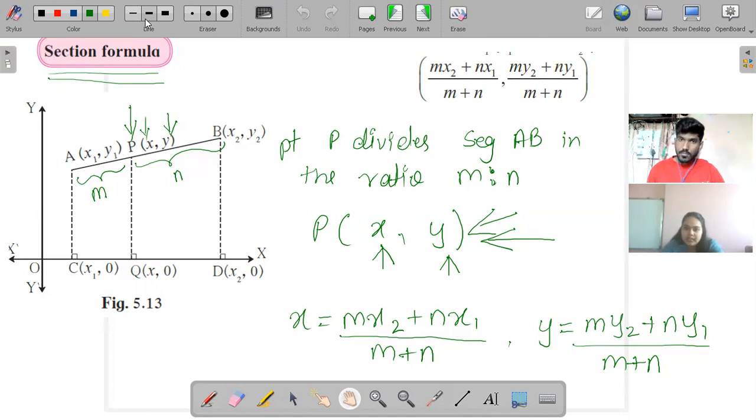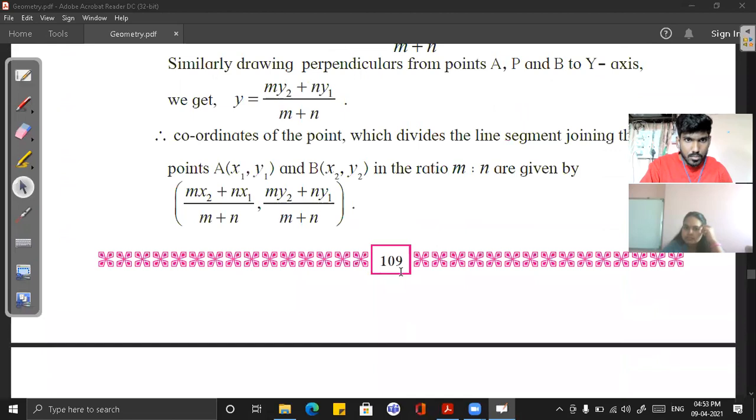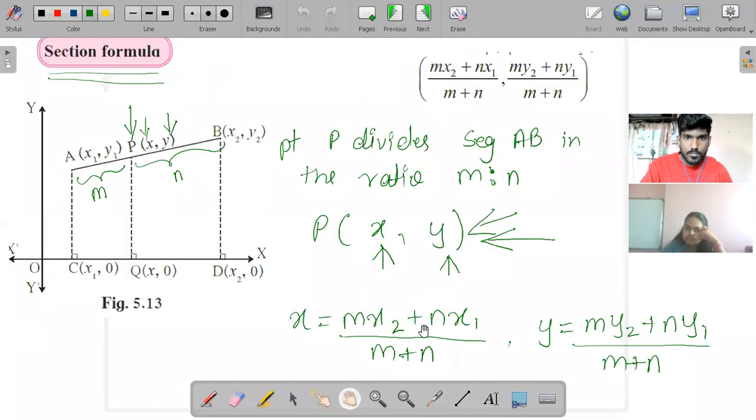Whole bracket square, right? No square, okay?